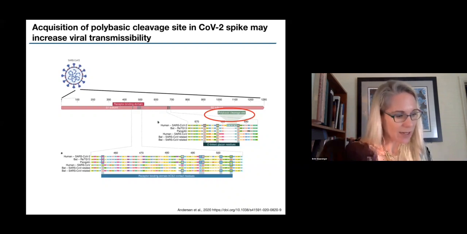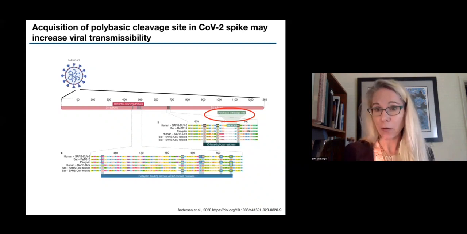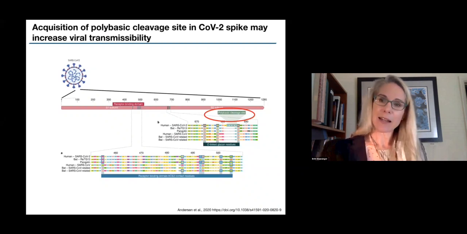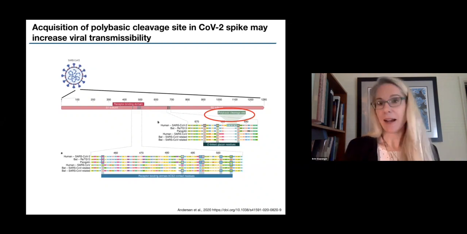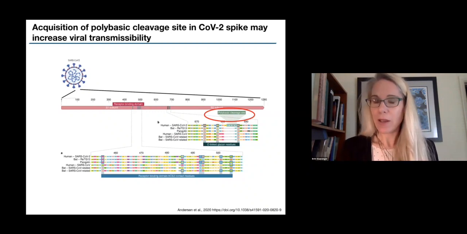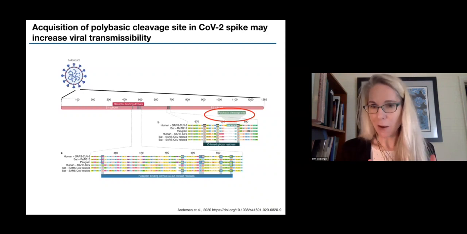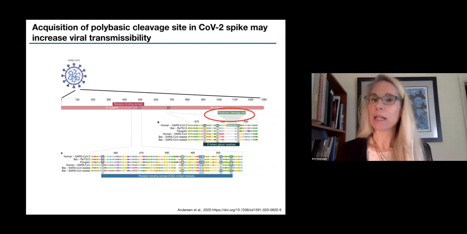That's important because we know from work with other pathogenic viruses, in particular influenza virus, that viral fusion proteins that acquire this polybasic cleavage site tend to have increased transmissibility from person to person. So there's a lot of speculation about whether the widespread transmission of this virus compared to the other zoonotic coronaviruses could at least in part be linked to acquisition of this polybasic cleavage site.